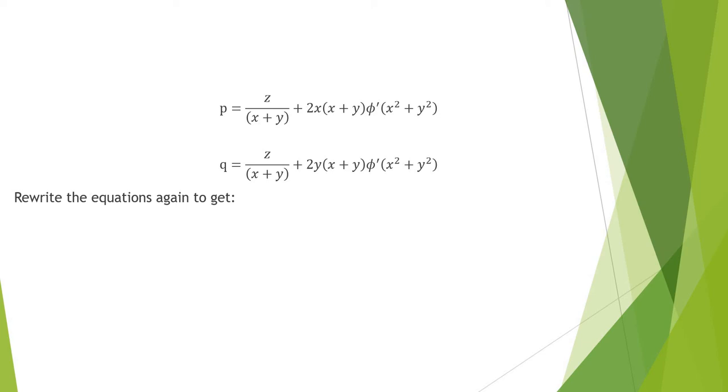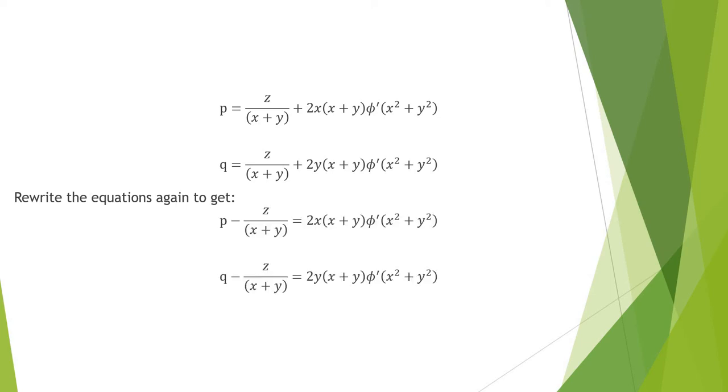Rewrite the equations once more. P minus z divided by x plus y equals 2x times x plus y times phi dash of x square plus y square. Q minus z by x plus y equals 2y times x plus y times phi dash of x square plus y square. Now remember that we wanted to eliminate the function phi from the original relation.